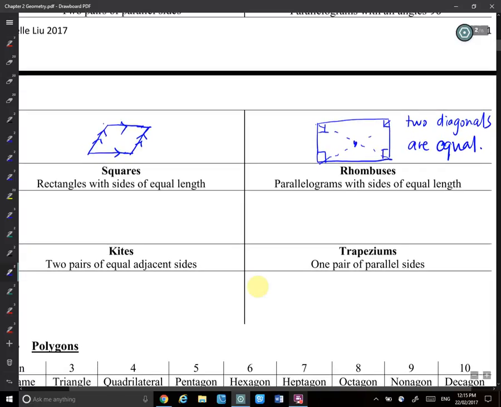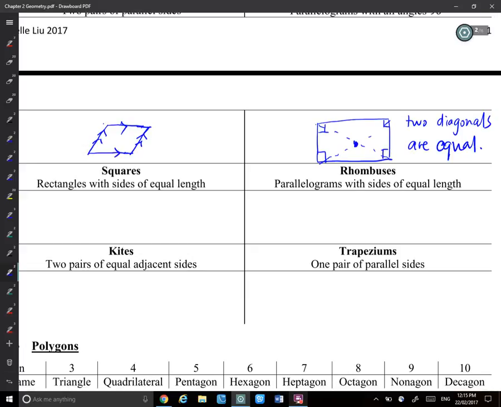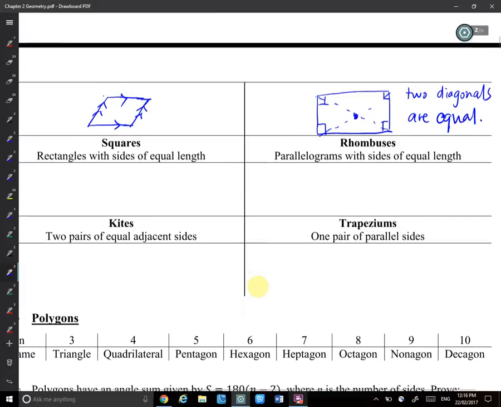And the intersection point of the diagonals will be the midpoint of the 2 diagonals. It bisects the diagonals.